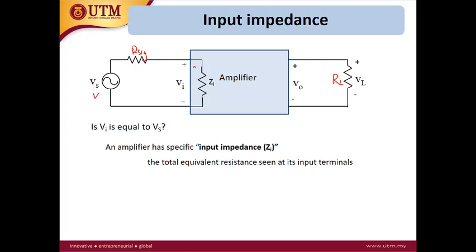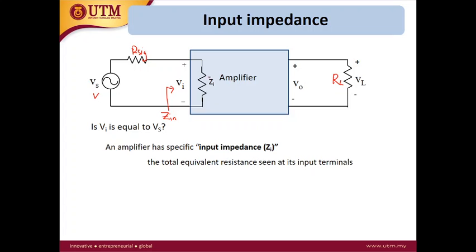Besides the signal source, we also have an internal resistance for the amplifier. This is called input impedance. Input impedance is the total equivalent resistance seen at its input terminal, the measured or analyzed resistance from the input terminal.